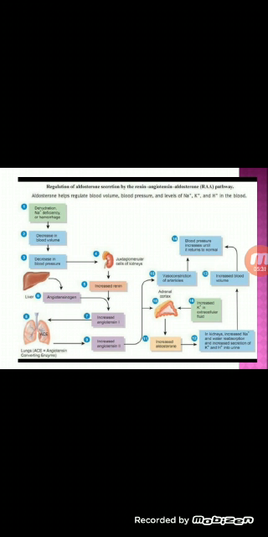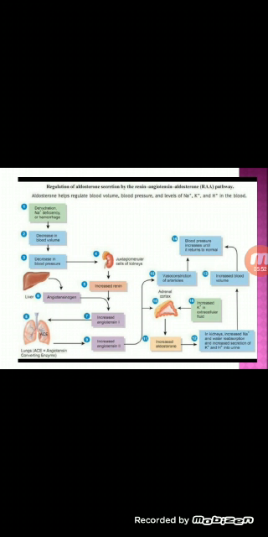This decrease in blood pressure stimulates the juxtaglomerular cells of the kidney to produce renin. Renin, with the help of angiotensinogen, leads to angiotensin 1. This angiotensin 1, with the help of angiotensin converting enzyme, gets converted into angiotensin 2.